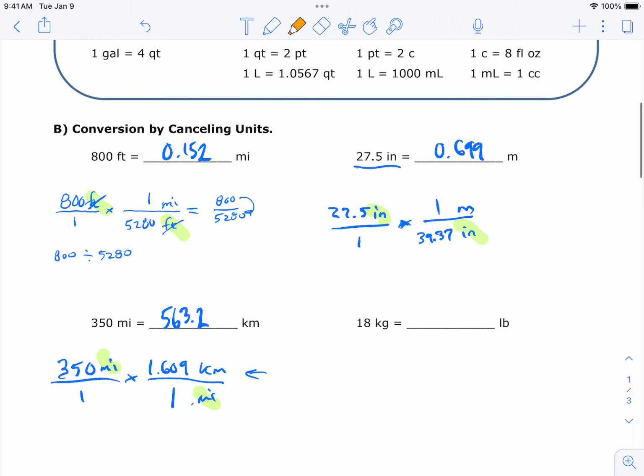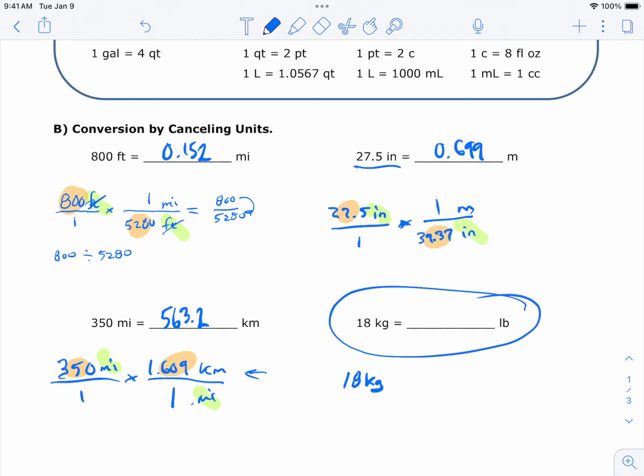But setting it up this way tells you, here we divided by the 5280. Here we divided by the 39.37. But here we had to multiply by the 1.609, okay? So setting it up so that the units cancel means you will never, ever make a mistake again about whether you were supposed to multiply or divide. It's a safe method, and in math, I like safe methods. I like to be safe in my math calculations. You want to be safe.